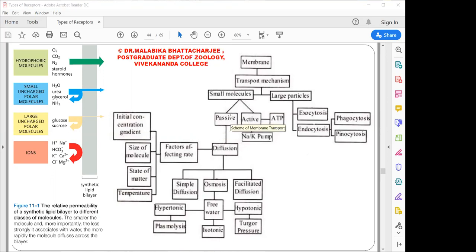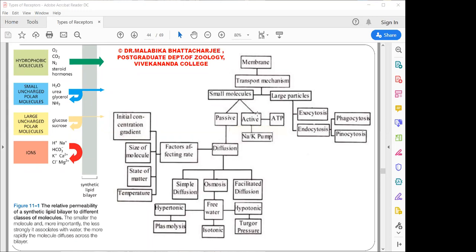The word passive is used when the molecules move along their concentration gradient. That is, they move from a region of higher concentration to a region of lower concentration without the use of any form of energy.